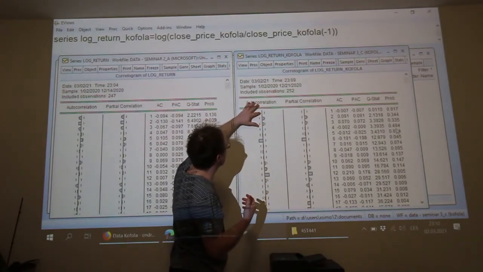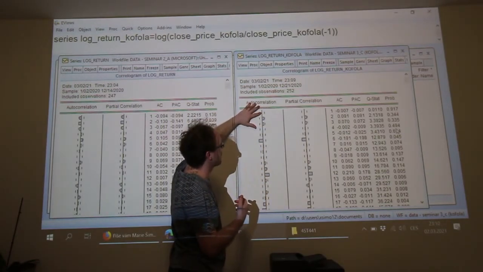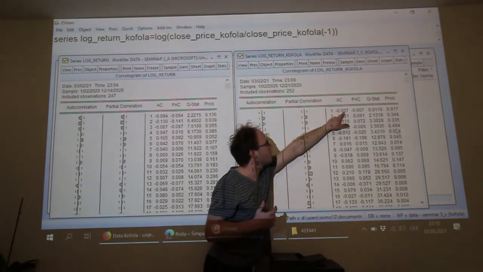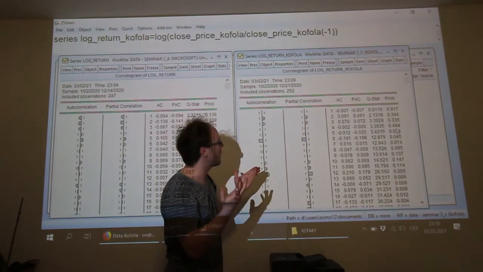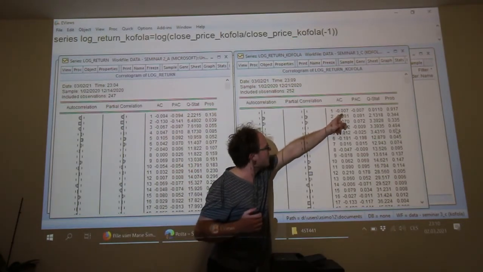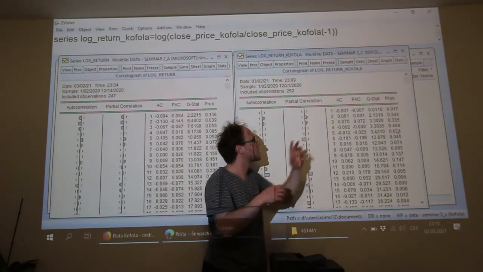You can see that, for example, on the first observation, there is a value of this correlation almost 0. You can see minus 0.007.